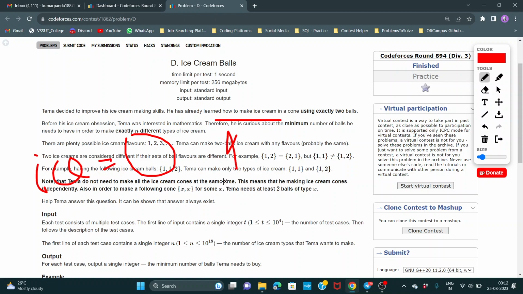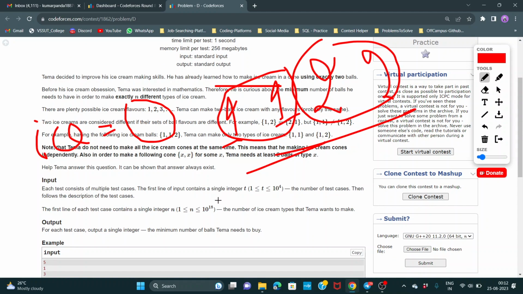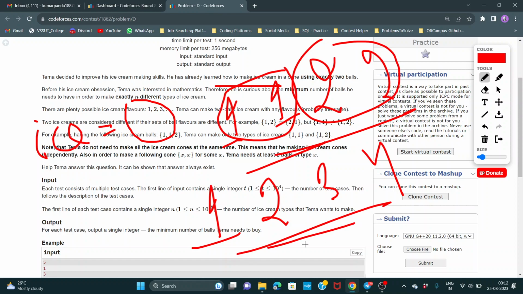Let's suppose I consider this. If you are given a number like this, that means the number of balls is 4, but the number of different flavors is 2, and in each flavor there exist two balls. Similarly, in this case, 1 2 3 4, the number of balls is 4 and the number of flavors is 4.